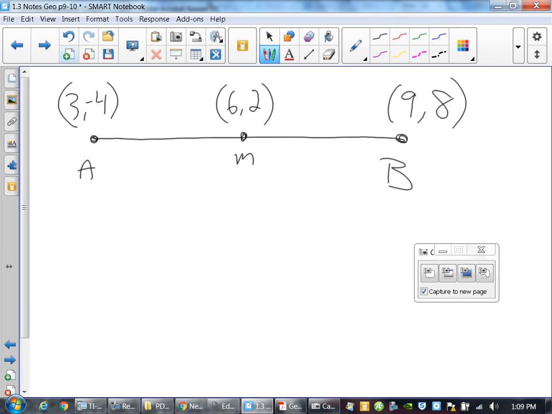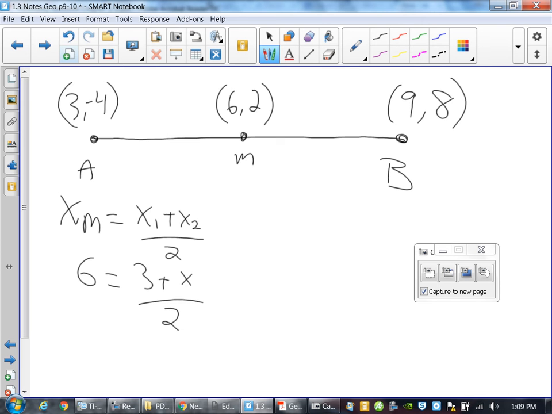We don't need to do the whole formula, where the midpoint for the x's is this value, 6, this one is 3, plus whatever this one is over 2. What you just did is that you solved a 2-step algebra problem by counting.